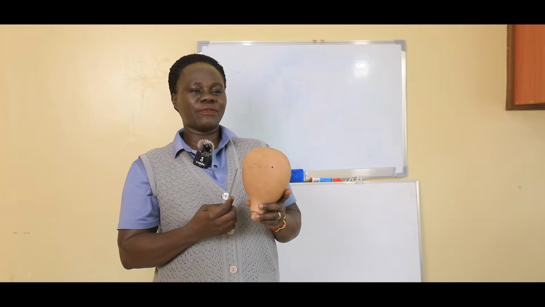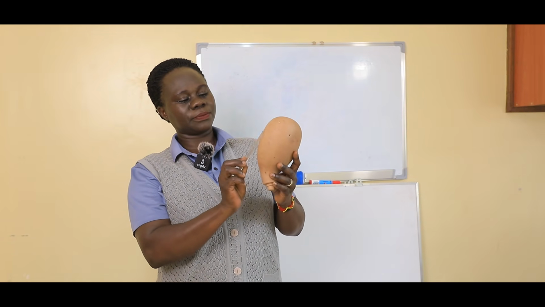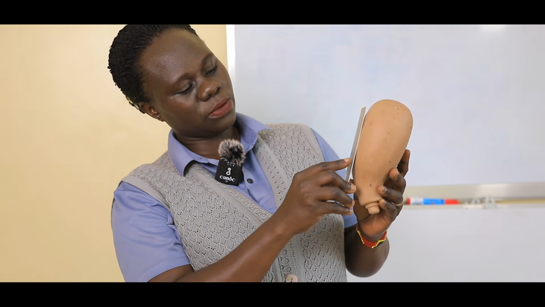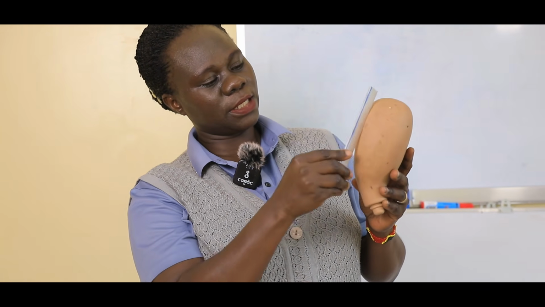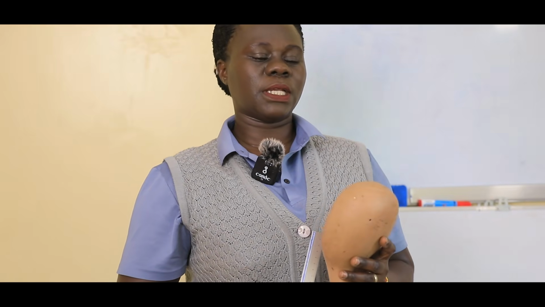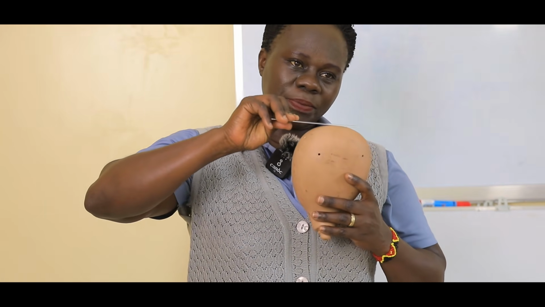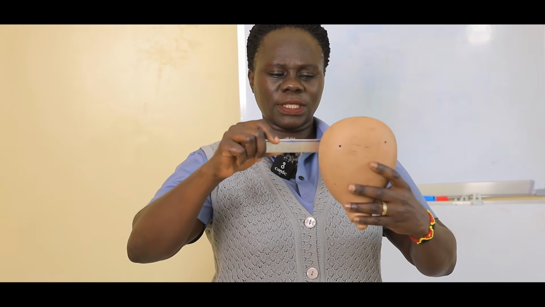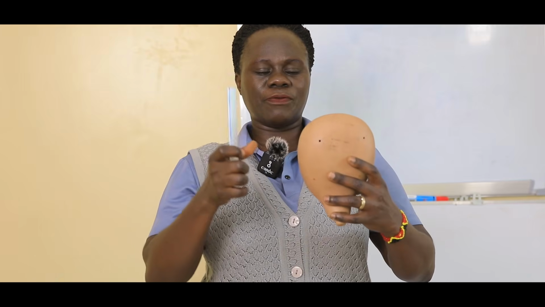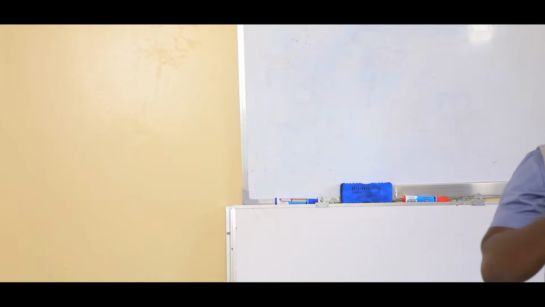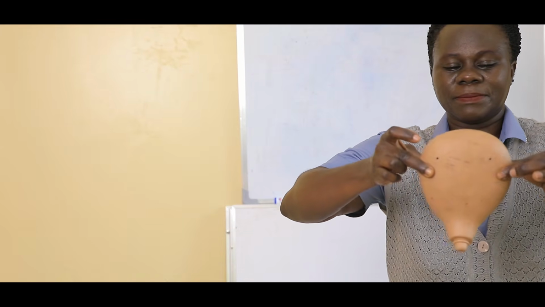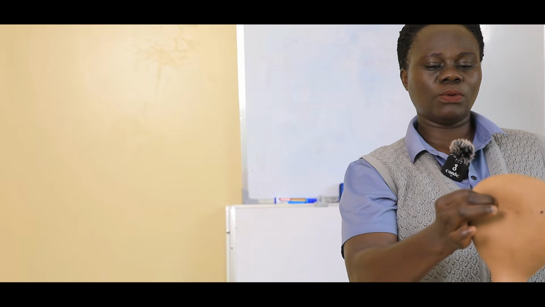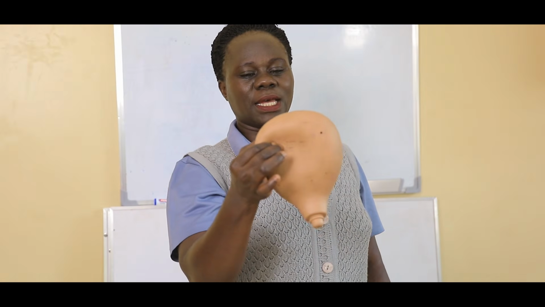Now the size of the uterus. The uterus is 7.5 centimeters long in length. The width is 5 centimeters. The thickness is 2.5 centimeters.